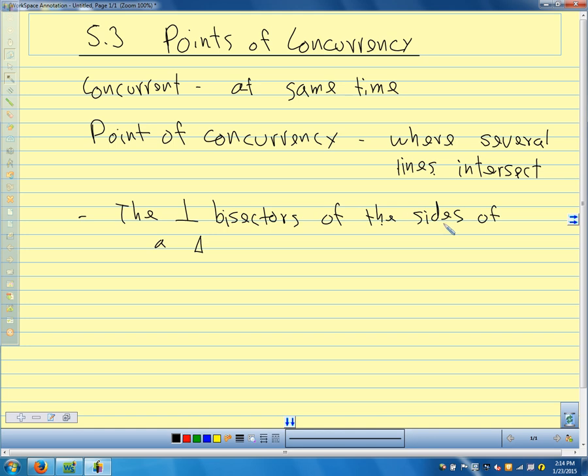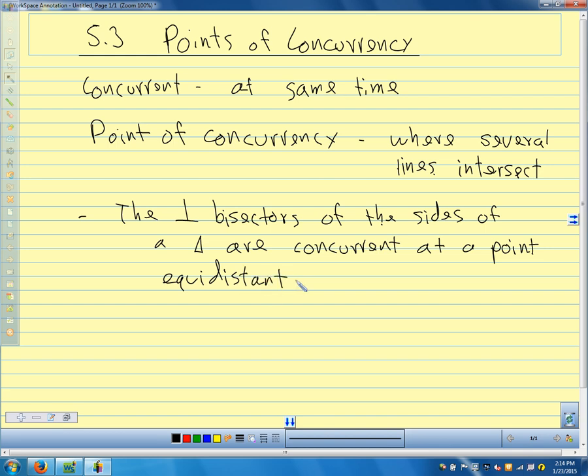The perpendicular bisectors of the sides of a triangle are concurrent. They all meet at one point, at a point that is equidistant from the vertices.